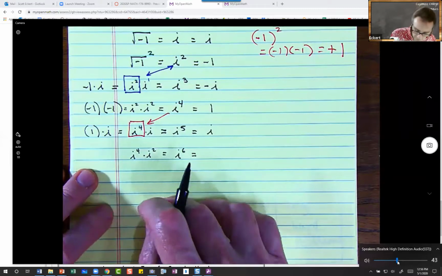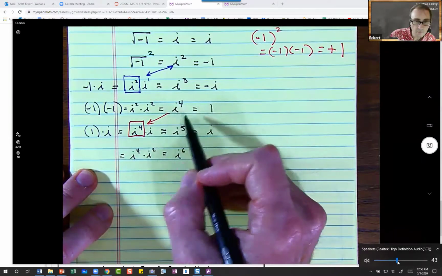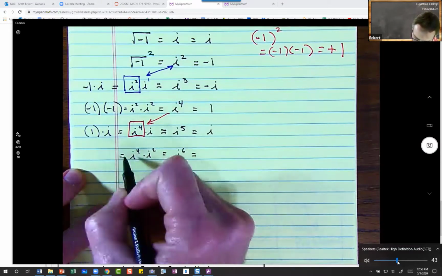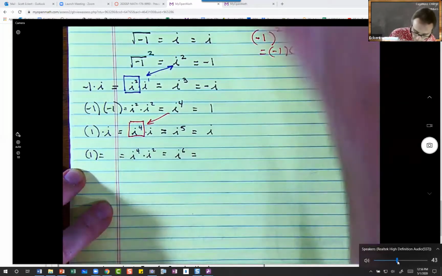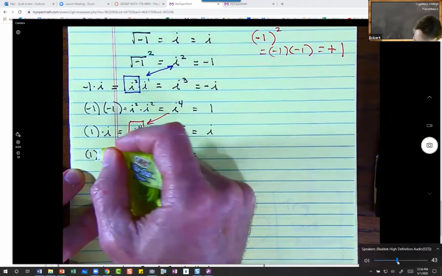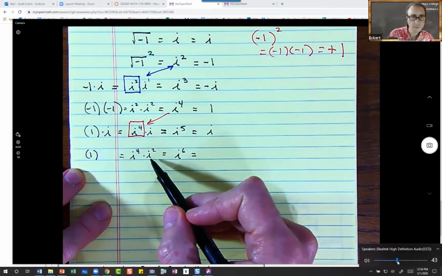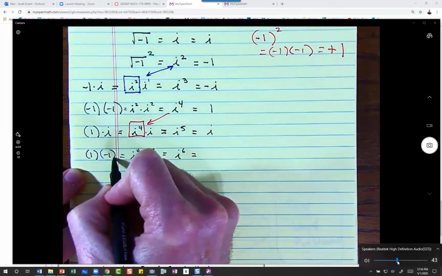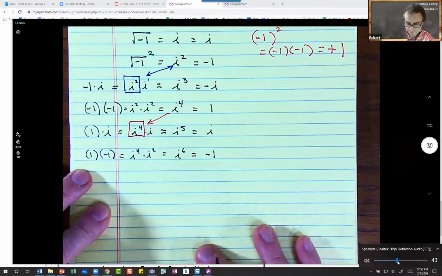We've just figured out i to the 4th power is 1. But wait, what is i to the 2nd power? -1. Can it equal -1 then? Very good. It does equal -1 in the end.